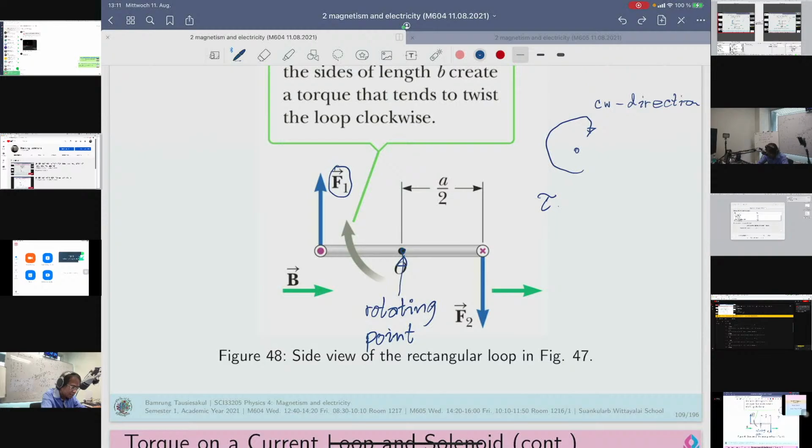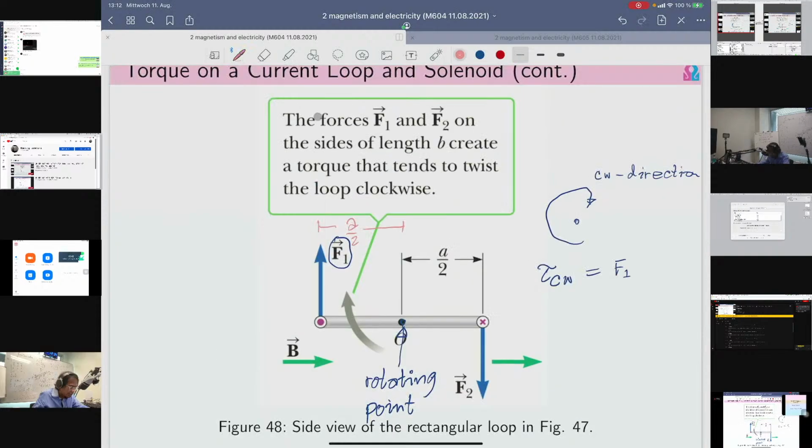Okay, the rotating point is half the width side, so the distance here is going to be half of that, which is A by 2. And another side is A by 2 as well, right? That's why we have here the distance A by 2 as well from the reference rotating point, or reference point.